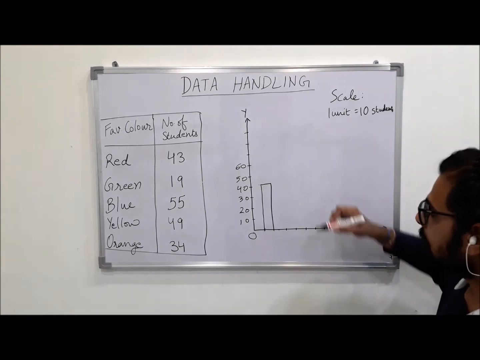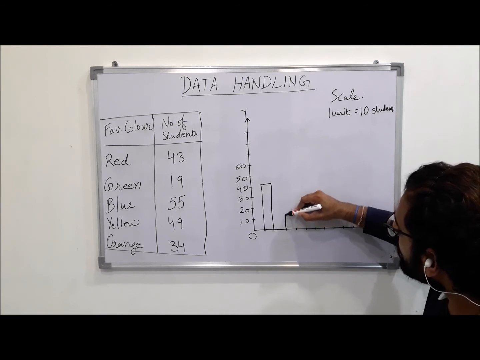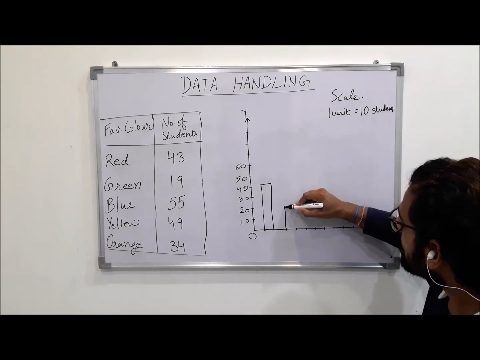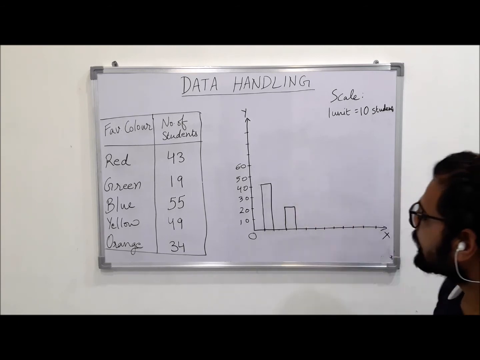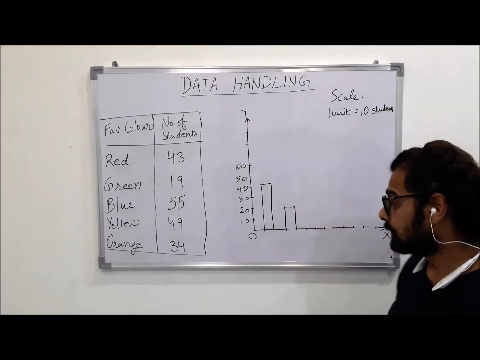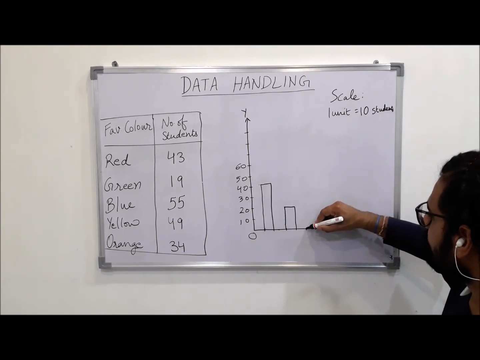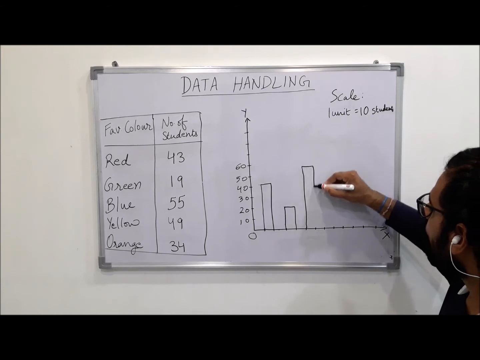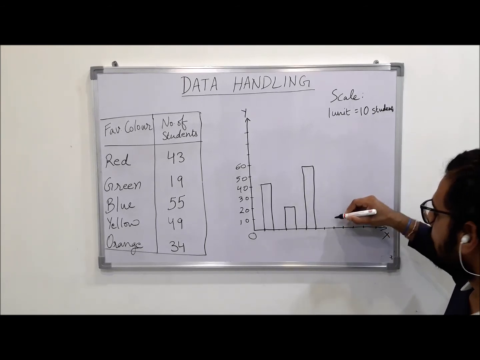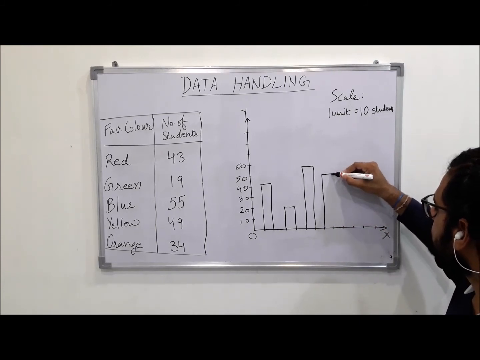In the same way, I'll draw 19, leave the gap of one box and draw this 19. 19 is 1 less than the number 20. In the same way, we have to draw 55. 55 is 5 more than 50. 49 is 1 less than 50.